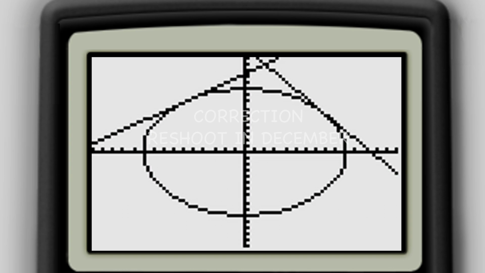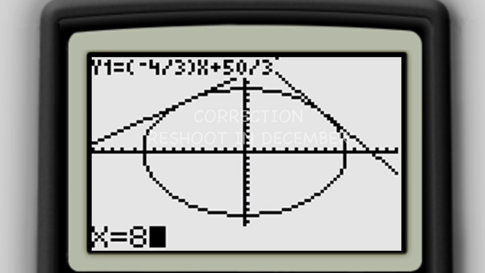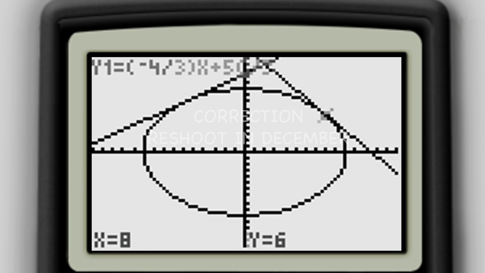Now, another thing that's kind of interesting is that you can actually see the point of tangency for each of these curves. So let's go ahead and make sure that you select the line that goes through the point (8, 6). Once that's selected, then evaluate the function when x equals 8. And when you do that, the cursor will move right to that point of tangency along the curve, and you can see that the line hits the circle right at that point.